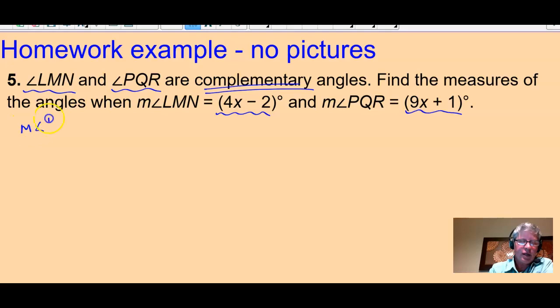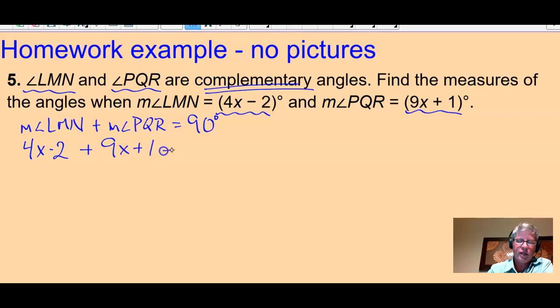The measure of angle LMN plus the measure of angle PQR has to equal, is it 90 or 180? Complementary. The C comes before the S, so 90. All right. LMN is 4x minus 2, plus PQR, 9x plus 1, equals 90.